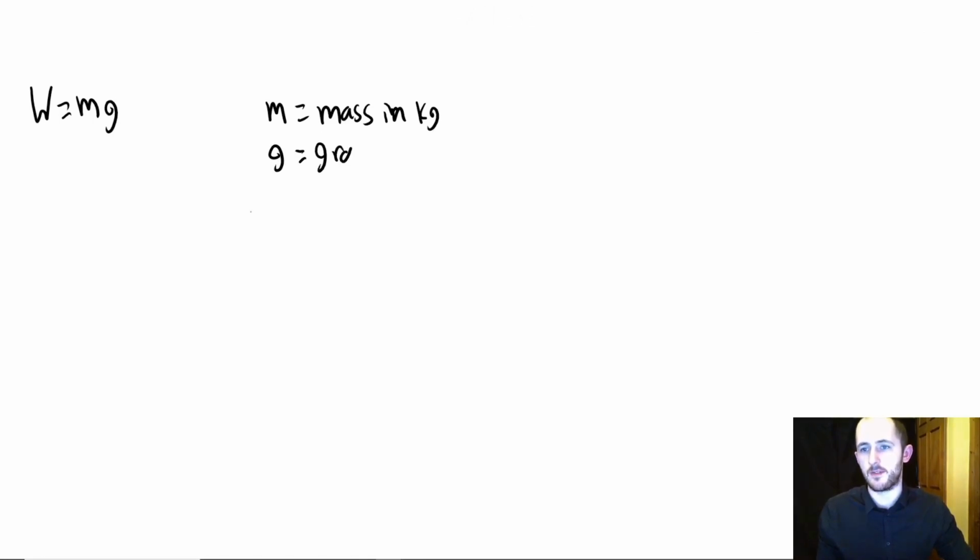So the equation for weight in general is just mass times g, where m is mass in kilograms and g is equal to the gravitational field strength or gravitational acceleration.